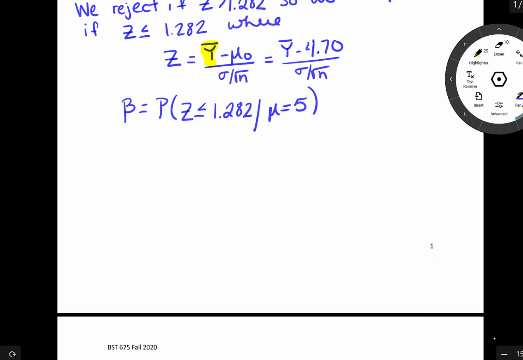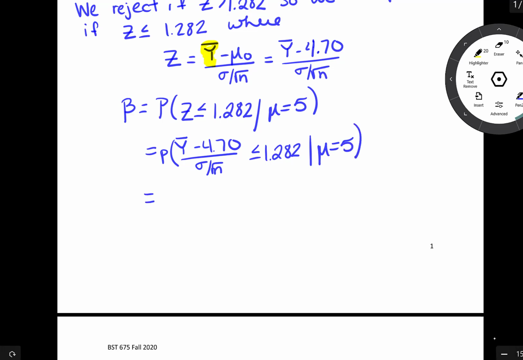The first thing I'm going to do is substitute in what z is equal to. Then I'm going to rearrange this so I have y bar by itself on one side of the inequality.